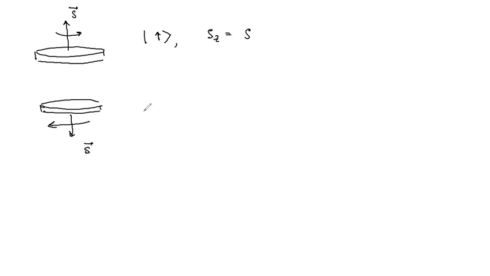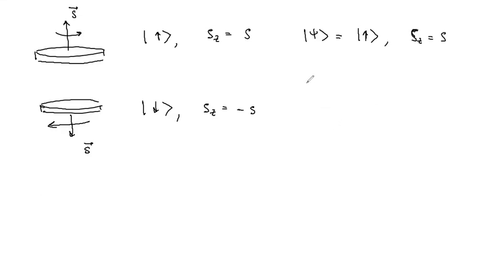I'm going to call the state down. And in this state, the z component of my spin, and basically I'm talking about angular momentum, is minus s. It's a macroscopic disk. It has a certain state, let's say spinning like this or like this. So what could be my wave function? Well, for example, my wave function could be just the pure state up. In this case, my spin Sz would be just s.